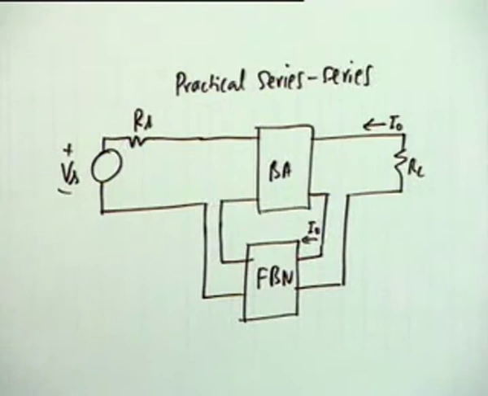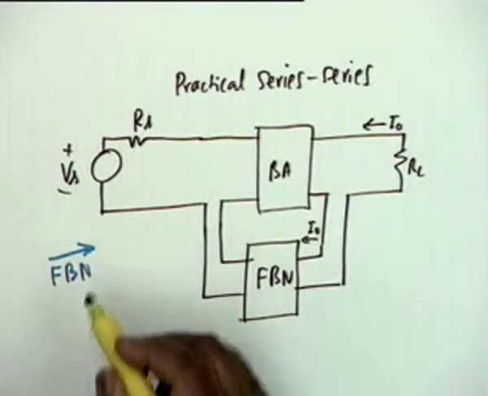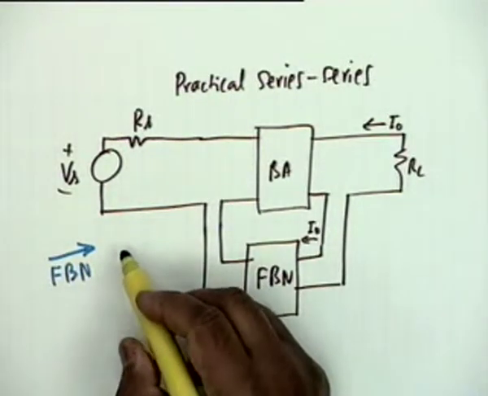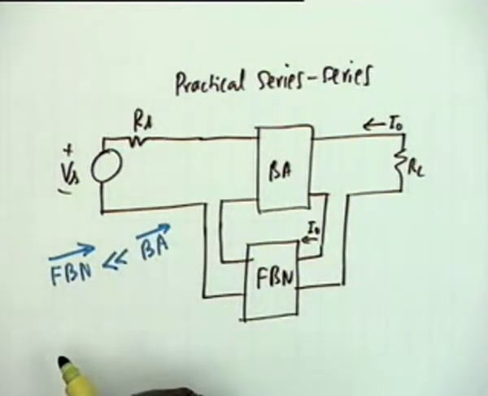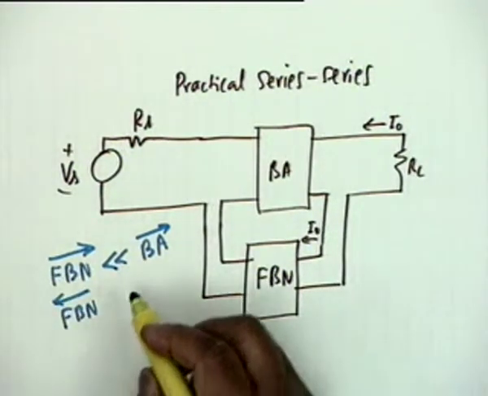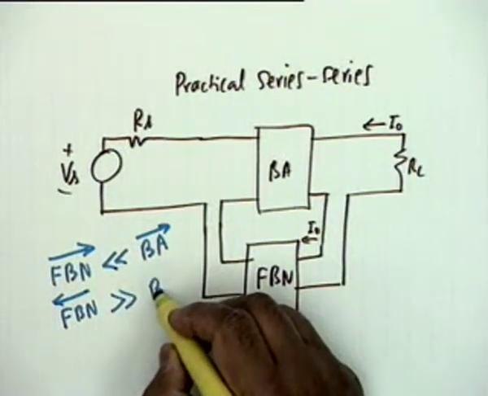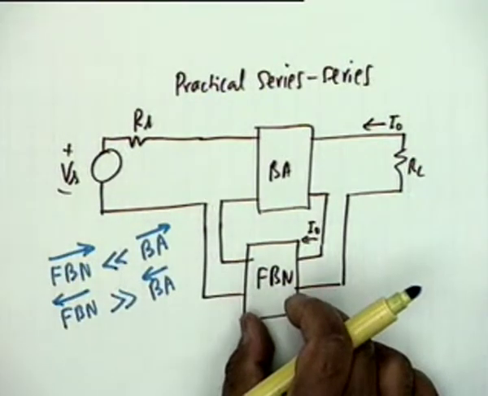So, in order to analyze this, let us follow these steps. Of course, one assumption that we have made, which I should re-emphasize, is that the feedback network forward transmission is much less compared to the basic amplifier forward transmission, and the feedback network reverse transmission is much greater than the basic amplifier reverse transmission. On the basis of this, we model the feedback network now.